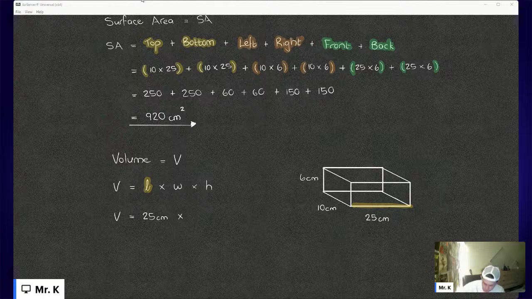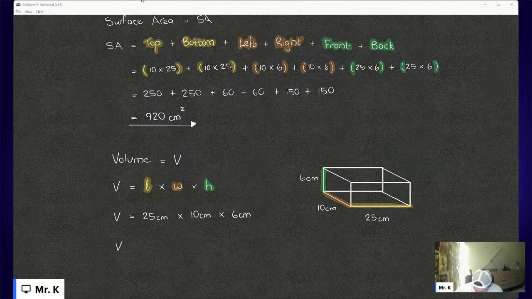Then W is next. The width of my shape is 10 centimeters. Please make sure that you don't confuse your dimensions. Okay, finally, we have a height, which is over here, and that is 6 centimeters. So you can add that on too.